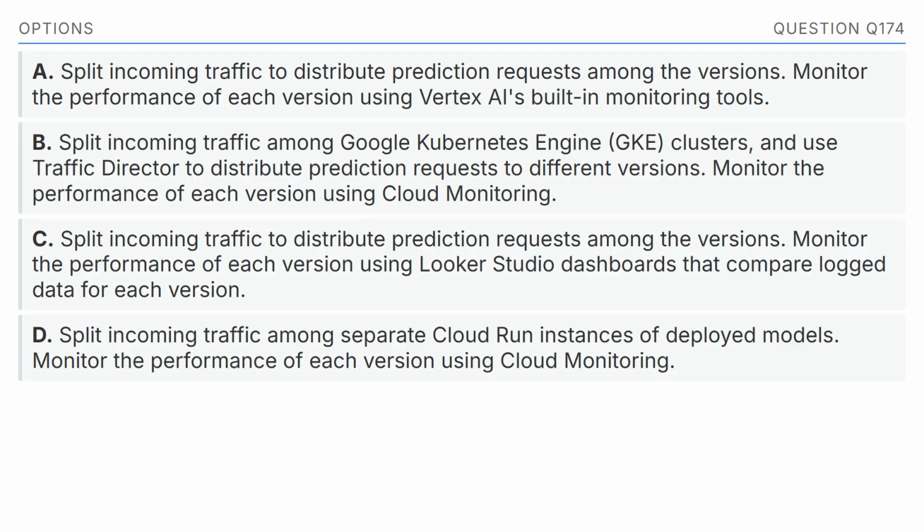Monitor the performance of each version using Cloud Monitoring. Option C, split incoming traffic to distribute prediction requests among the versions. Monitor the performance of each version using Looker Studio dashboards that compare logged data for each version. Option D, split incoming traffic among separate Cloud Run instances of deployed models. Monitor the performance of each version using Cloud Monitoring.